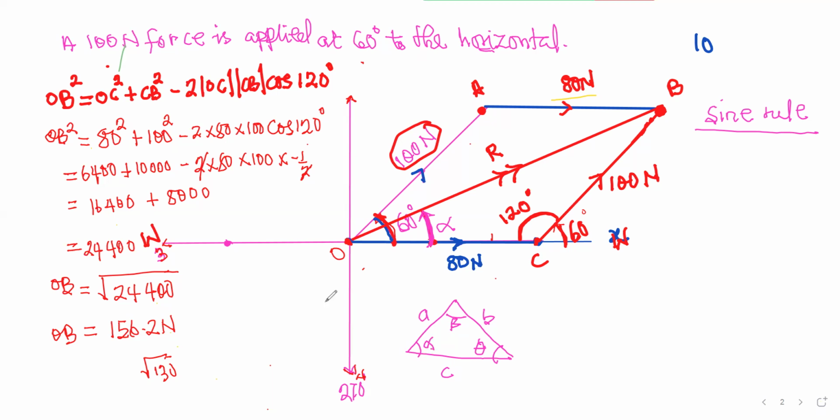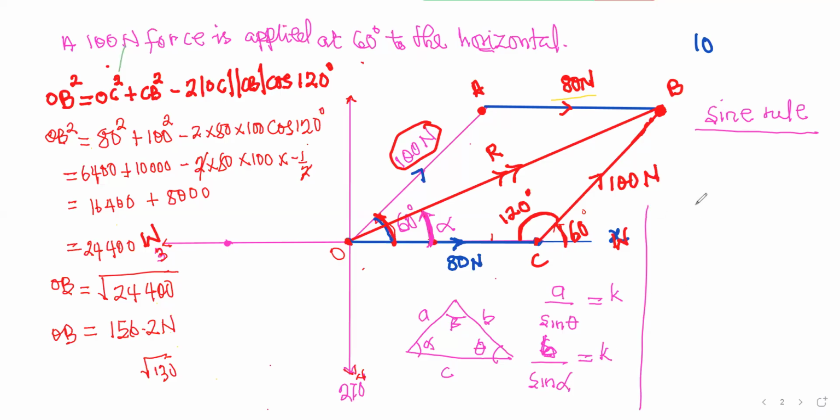The rule says that if you take the ratio of the side to the sine of its opposite interior angle, so the ratio of side A to sine theta, this must give you a certain constant value, K. If you take the ratio of side B to the sine of its opposite interior angle, B over sine alpha, it would give you the same constant.